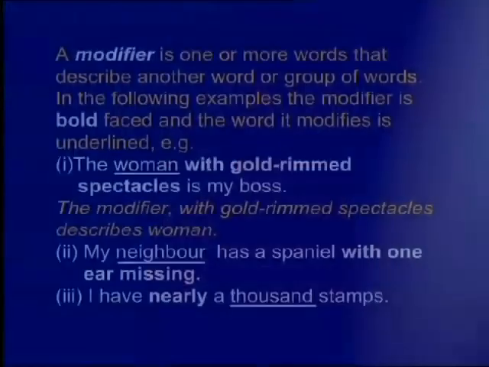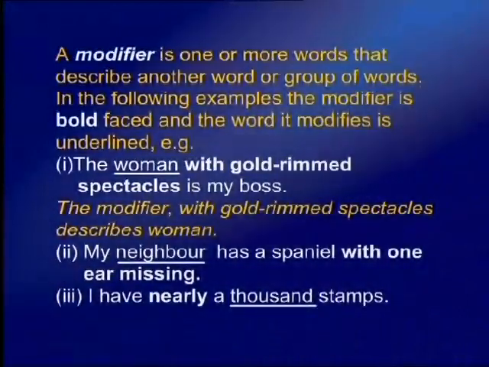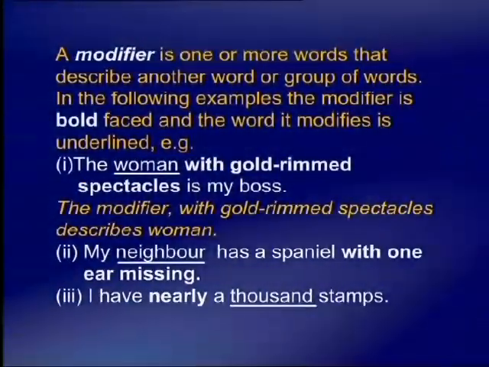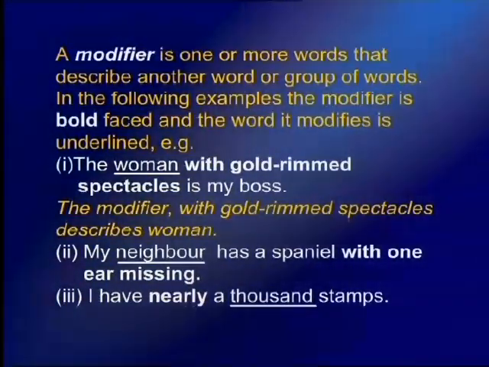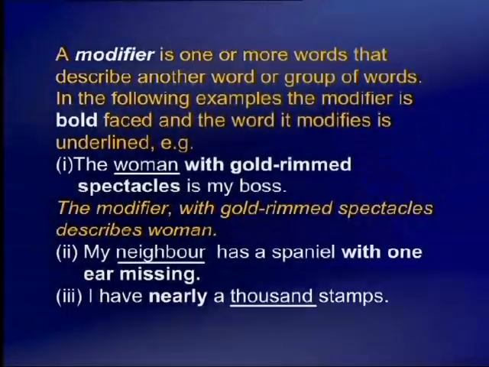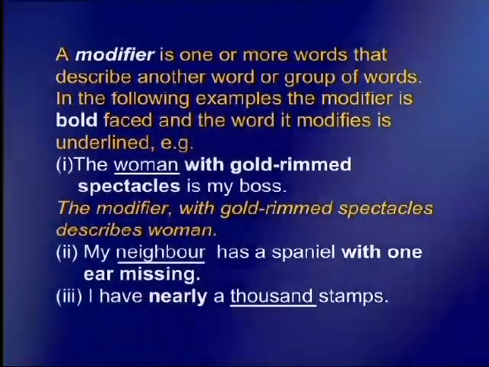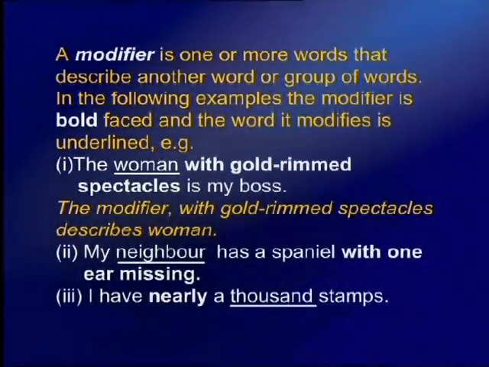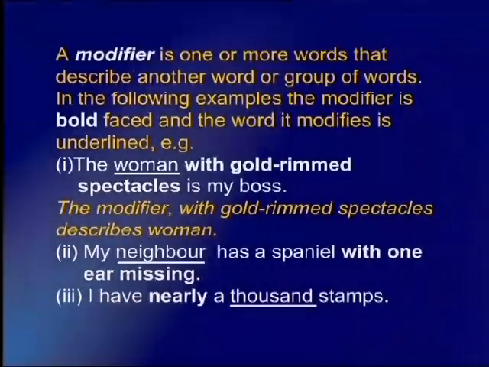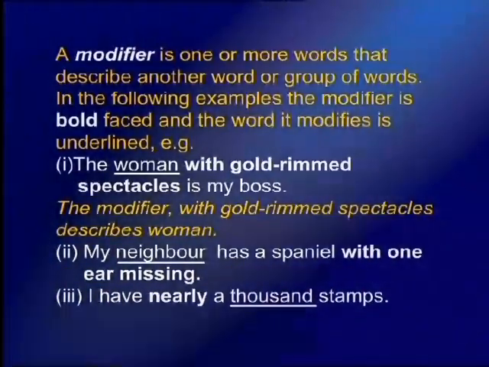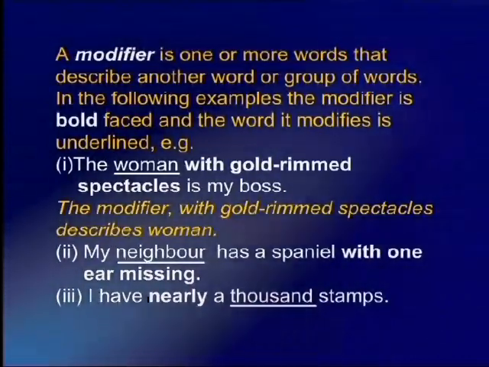Now, what is a modifier? A modifier is one or more words that describe another word or group of words. And in the following examples, the modifier you will find is in bold type, and the word that is being modified is underlined. The woman with gold-rimmed spectacles is my boss.